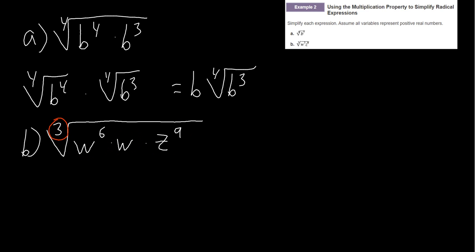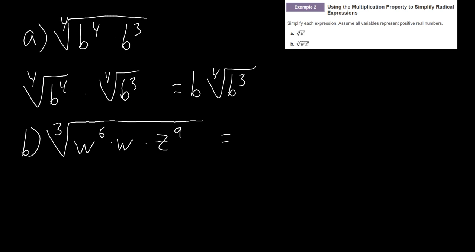Well, it will go into 7 twice, which gets us to 6, and that's where I get w to the sixth from. Then I have that one w remaining. And for z to the ninth, 3 does go into 9, so we can just keep that the same. So what I'm going to do here is split this up, and I'm not going to write it separately like I did in the past two examples.